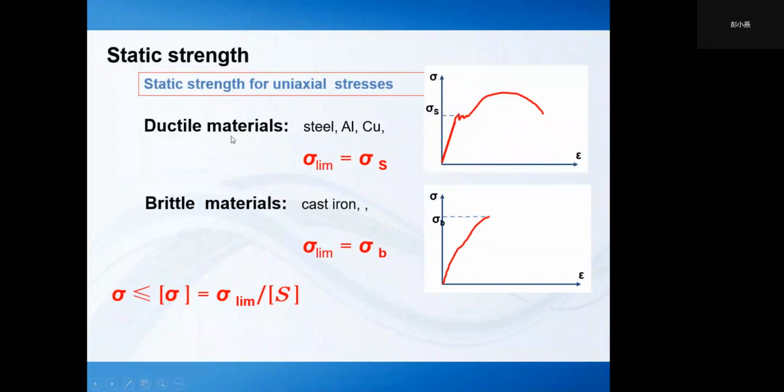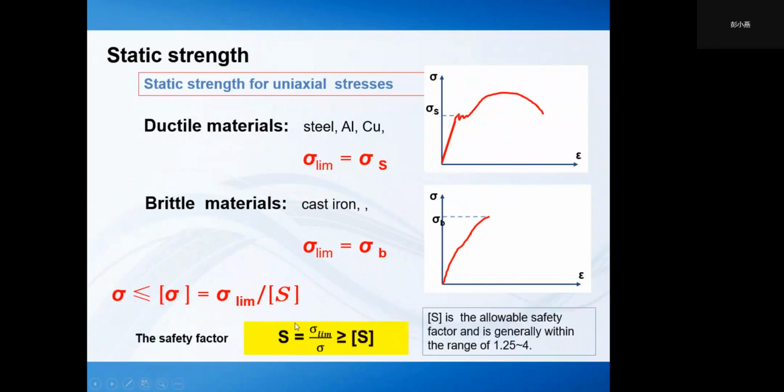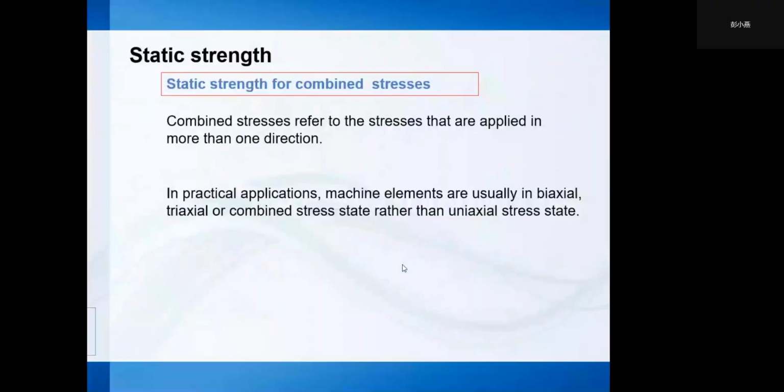For ductile material, we choose the yield stress as the limit stress. But for brittle material, we choose sigma B as the limit stress, and divide it by the allowable safety factor. We can calculate the allowable stress. And this is the safety factor for static stress with uniaxial stresses.